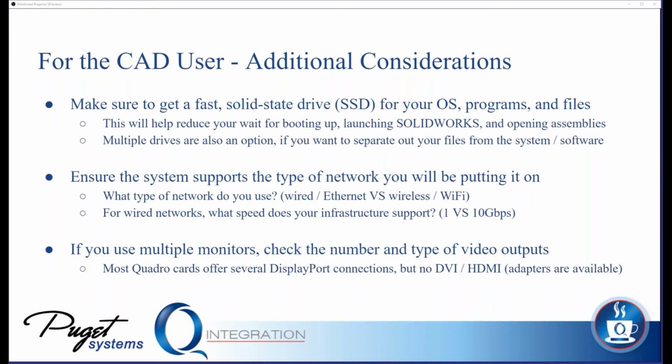So I'd strongly recommend out of the gate with the internal hardware, you make sure it's going to have the right network for you. And in particular, if you're going to be on a wired network, make sure it supports the right speed for your infrastructure. If you've got a 10 gig network in your office and you only have a 1 gig Ethernet port in your system, you're not going to be getting the full potential when you're transferring files or sharing things around.